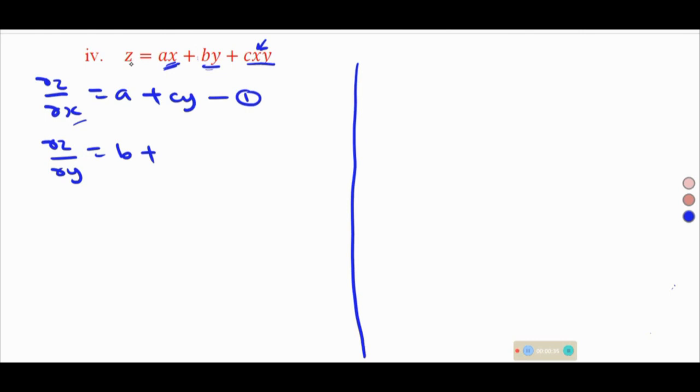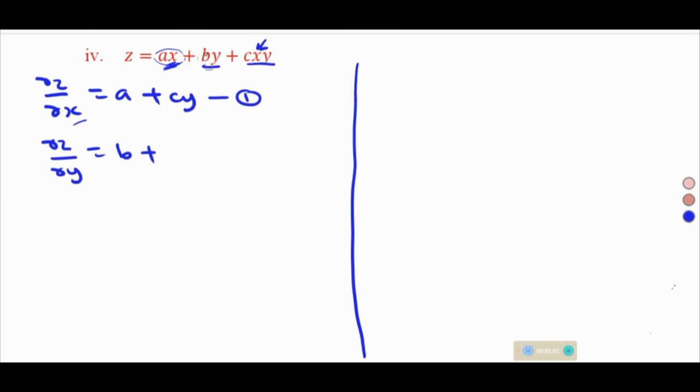So I will have del z/del x, which is equal to a, then by will go to 0, then cxy differentiated, since c and y are constants and I'm differentiating with respect to x, I will remain with cy, and that will give us equation number 1. Looking at the derivative of z with respect to y, I will take x as a constant, so ax will go to 0.